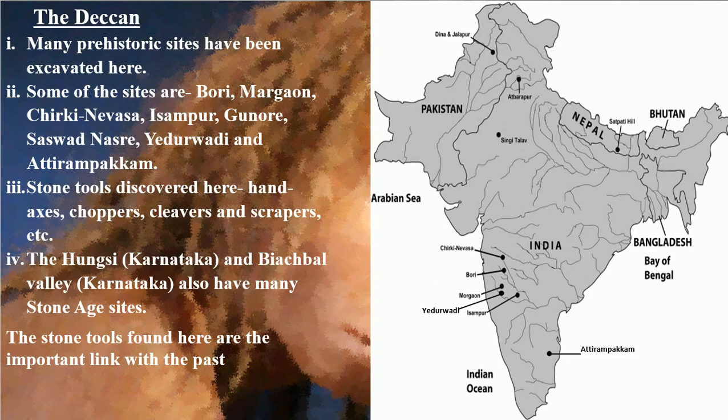It was one of the Paleolithic sites, in Tamil Nadu. As you can see in the map, I have shown these places as well. Some of the places are not here, but a few are there. And some stone tools have been discovered here, like hand axes, choppers, cleavers, scrapers, etc.